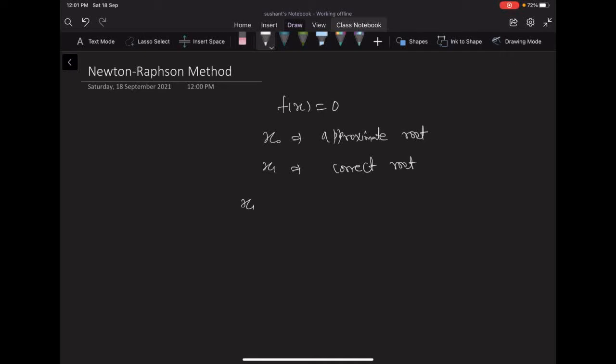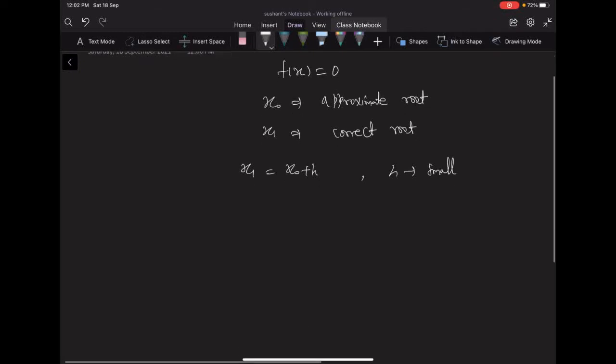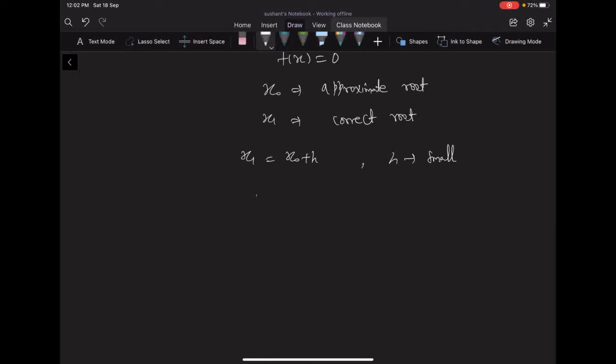And this x1 is equal to x0 plus h, where h is a very small number. So this x1 is very near to x0. As x1 is the correct root, f(x1) equals 0.